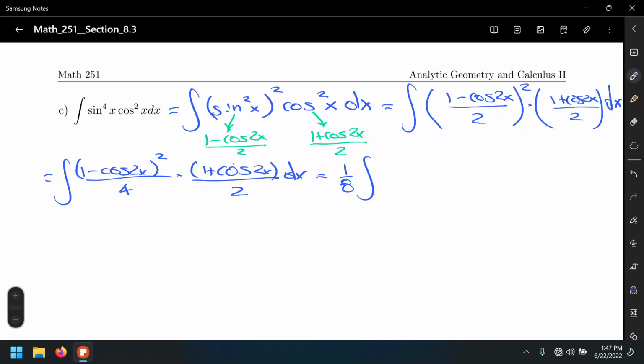And then over here, what I'm going to do is square the binomial, like we did before in the previous example, which in this case is 1 squared, which is 1, minus 2 cosine 2x, plus cosine 2x quantity squared. That times 1 plus cosine 2x with respect to x.